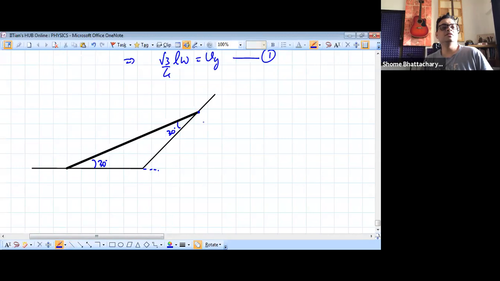So this point B is having, because of the rotation, a component of velocity like this, which is L by 2 omega.